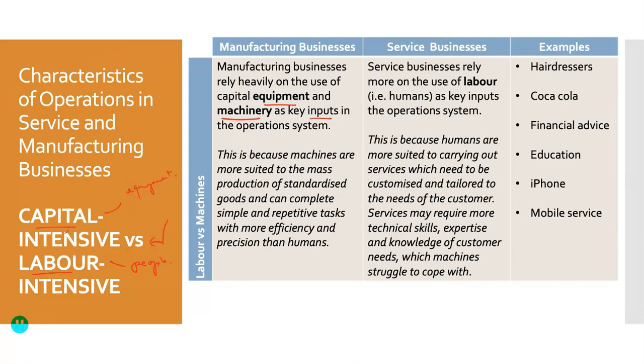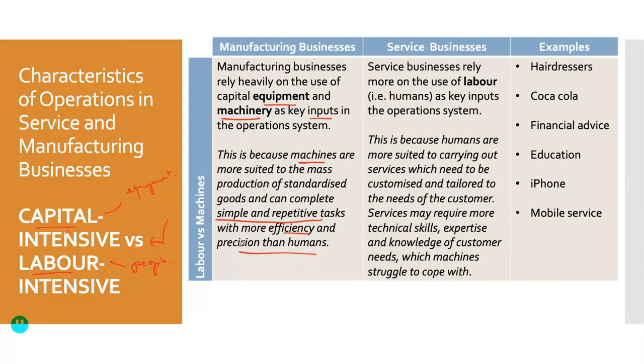Now, this is because machines are more suited to the mass production of standardized goods that manufacturing businesses do. Manufacturers create lots of products that are generally the same. And machines are really good at simple and repetitive tasks. And in fact, they can do them with more efficiency and precision than humans.